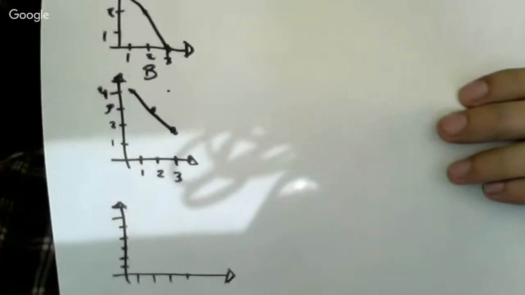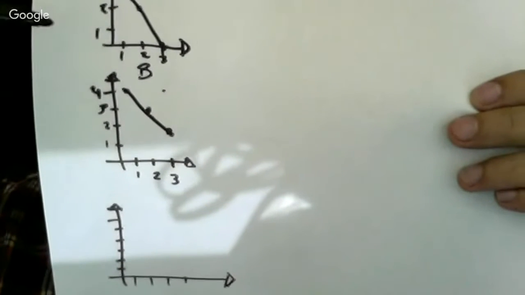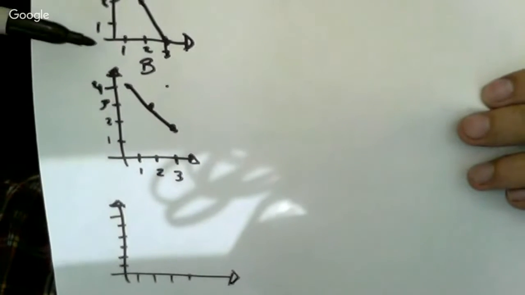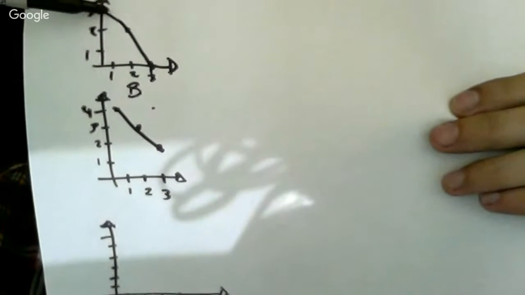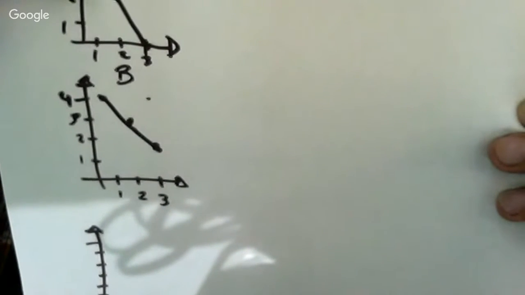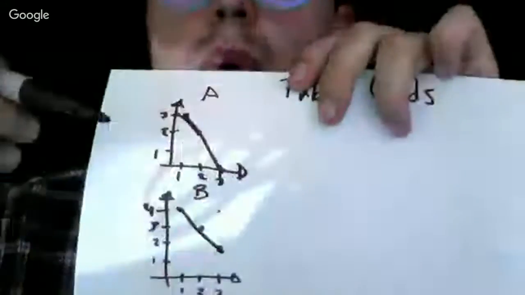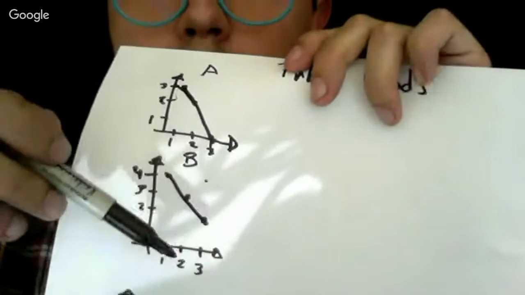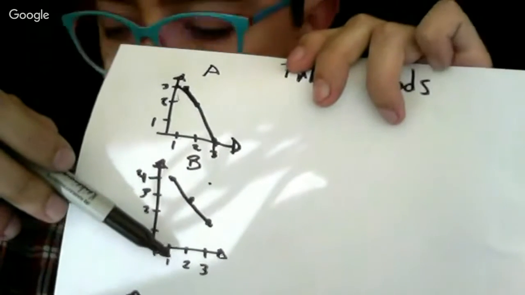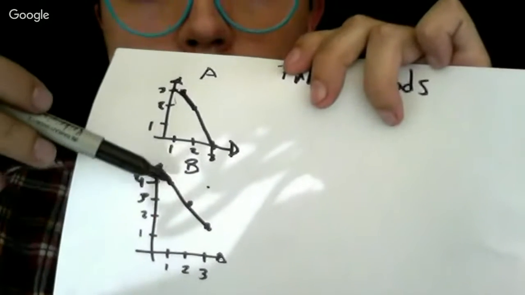Well, we will simply look at how much A is willing to pay for 1 unit of the good. Wait, I did this wrong. So for 1 unit of the good, A is willing to pay 3, and for 1 unit of the good, B is willing to pay 4.